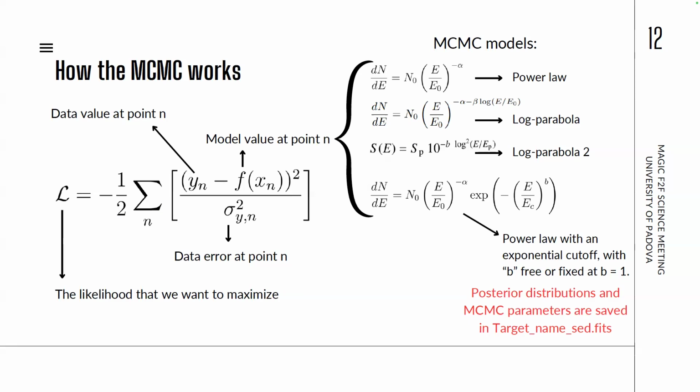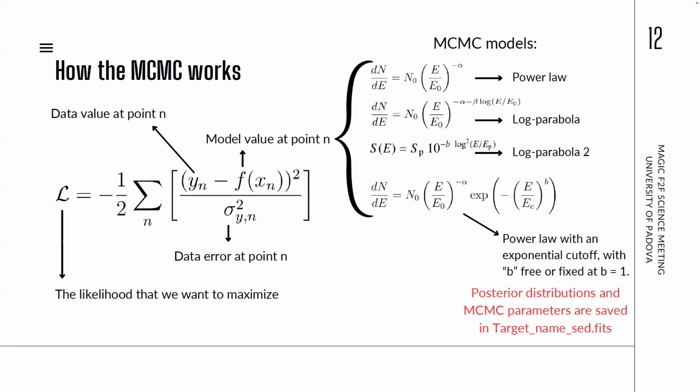So we have a power law, a log parabola, this log parabola 2, which is a very convenient parametrization of the log parabola, where the fit gives us directly the energy peak and the energy flux at this peak, and the curvature, of course. And we have 2 power laws with exponential cutoff.